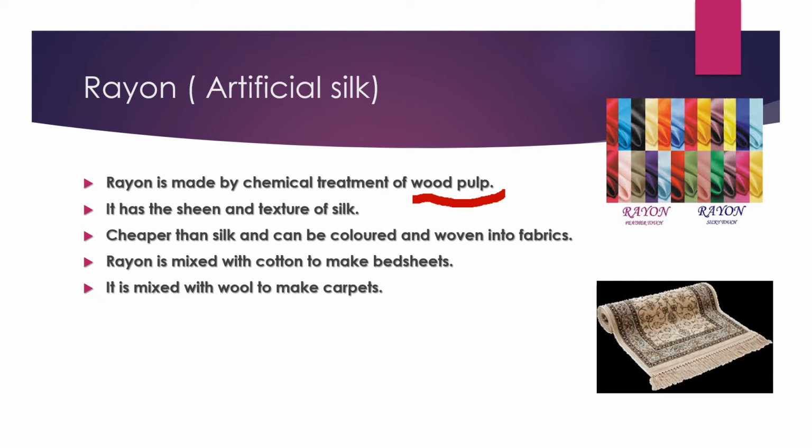The fibers of rayon had a texture similar to that of silk. It could be colored and dyed into very beautiful colors. It had the silky sheen, so it was difficult to differentiate between rayon and silk when you just look from far. It was cheaper than silk and can be colored and woven into fabrics.